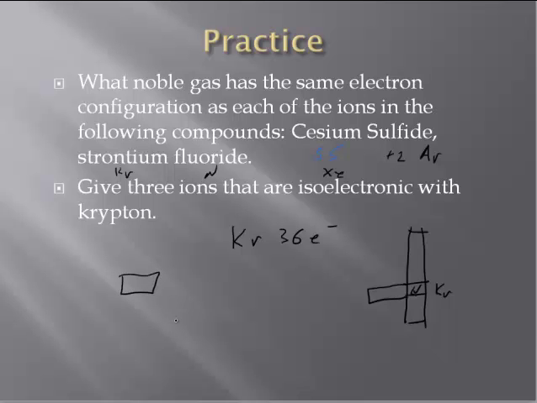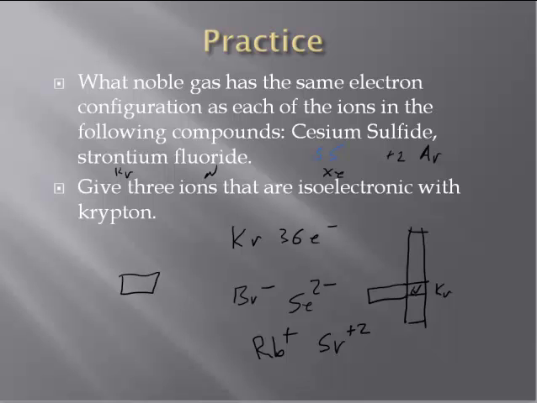So, for example, some of you might have said bromide or selenide, or you might have said rubidium, Rb plus, or strontium. Okay, so there you go. So hopefully that's making a little bit of sense. Just playing with these ions.